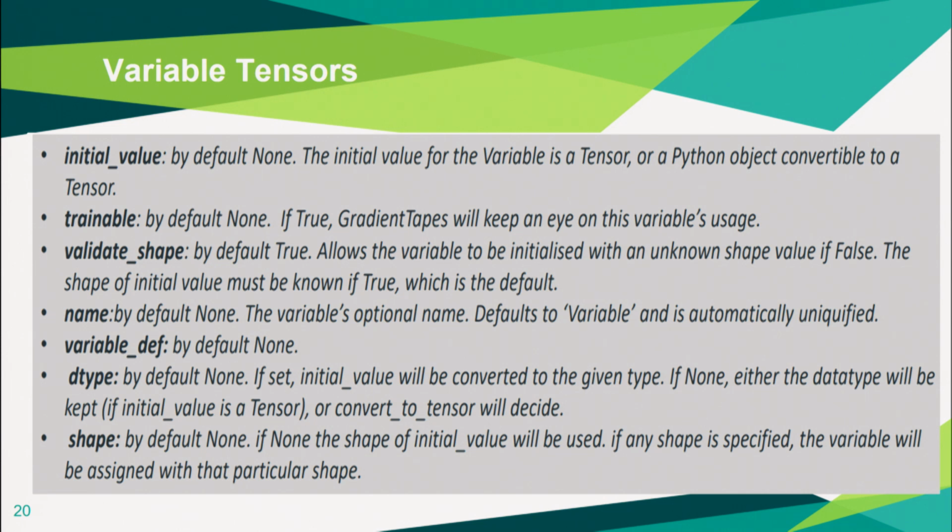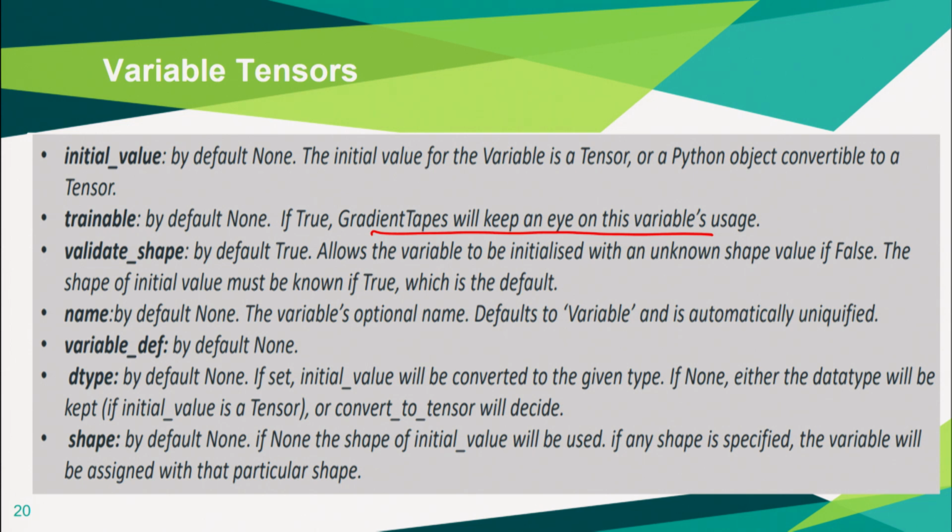The variable tensor accepts the first value as the initial value, and by default there can be no initial value; even if you send it, it is okay. The second one is the trainable value; it will be true if the gradient tapes will keep an eye on this variable's usage. If you want this particular variable to be watched for use in gradients, then you say it is true.